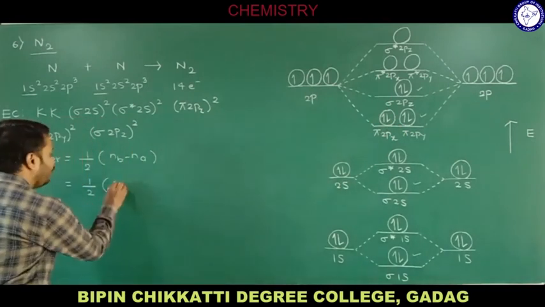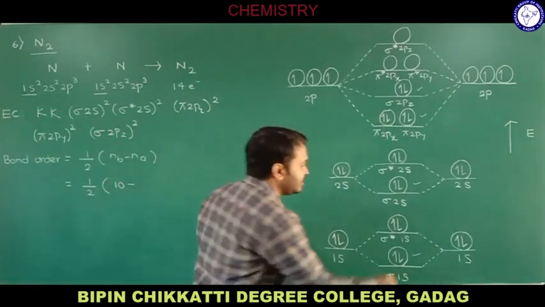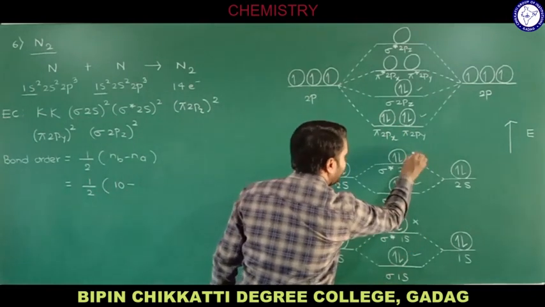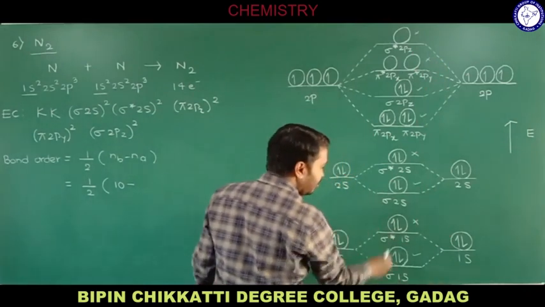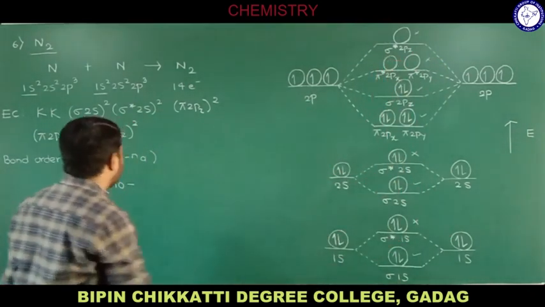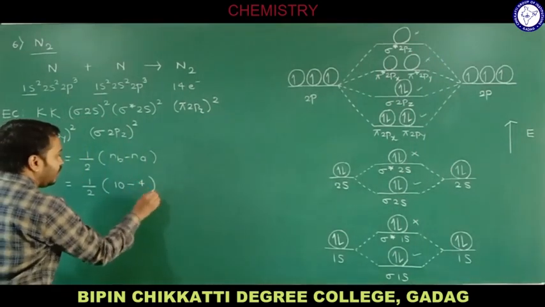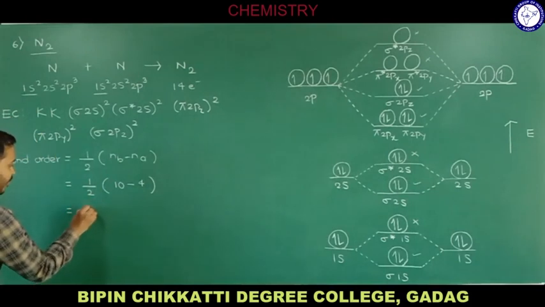In the BMO we have 10 electrons minus the number of electrons in anti-bonding. So these are the anti-bonding. This is anti-bonding, this is anti-bonding, and these are also anti-bonding. So in anti-bonding 1, 2, 3, 4, and we don't have any electrons here. 4 electrons I am going to consider here. So 10 minus 4, 6. 6 divided by 2, we are going to get 3.